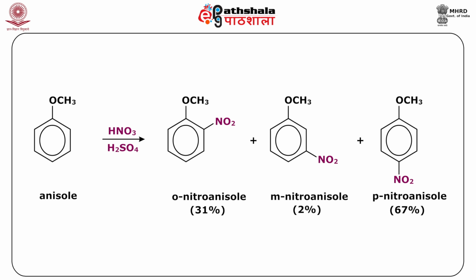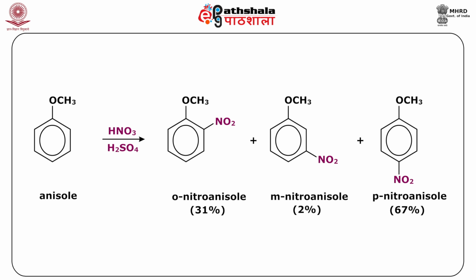However, students, it might be noted that steric effects also come into play, and hence the ratio of the ortho and para products is approximately 1:2 for anisole, because this ortho position, students, is very close to the actual substituent, that is the OCH3 ether group of anisole.